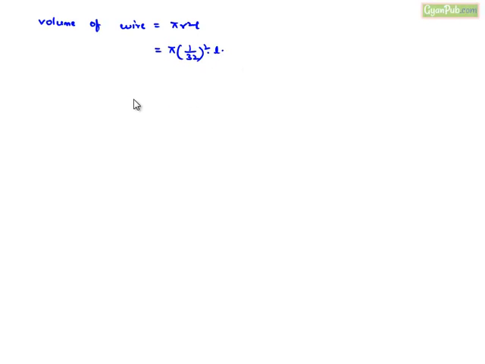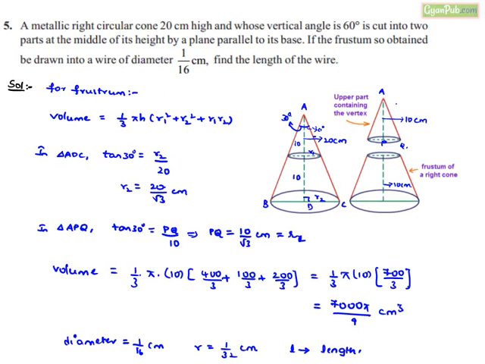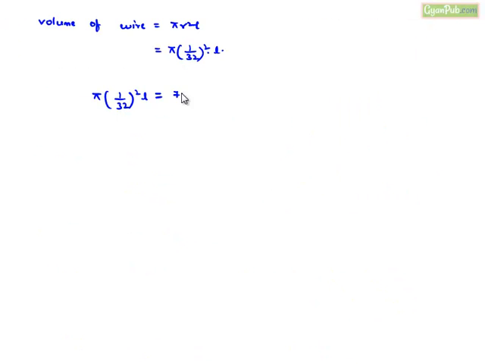But this volume of wire will be equal to the volume of the frustum, that is 7000 pi by 9, which implies pi on both sides of equality will be cancelled. Now L is equal to 7000 into 32 into 32 by 9.